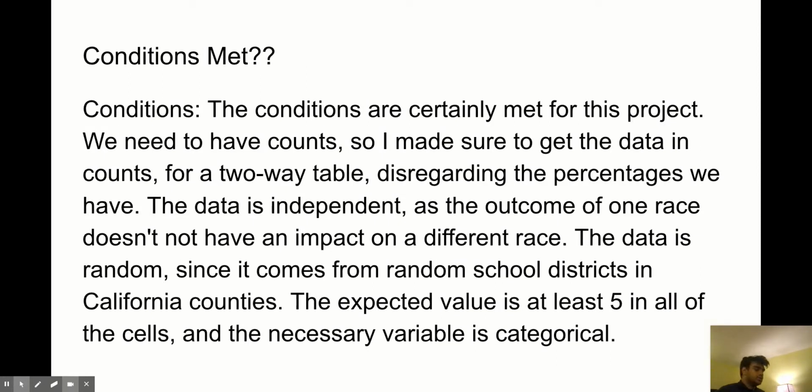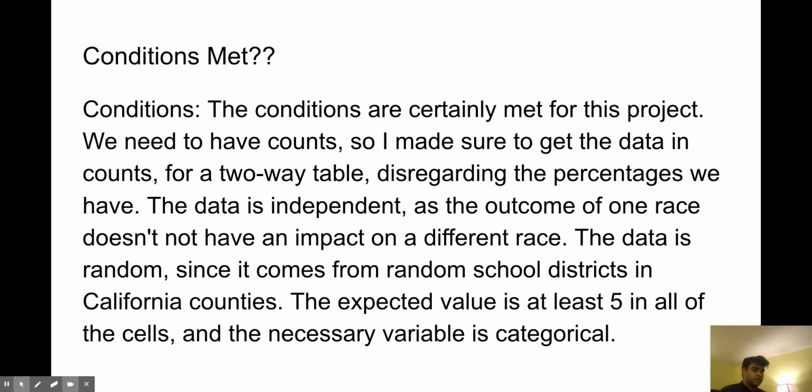Conditions. Since we're doing a chi-square, we have to test that the data are counts. They were in counts, not percentages. Like I said before, I was able to get counts. So that was satisfied, and I was able to put it in a two-way table, since the variables I've used are categorical.